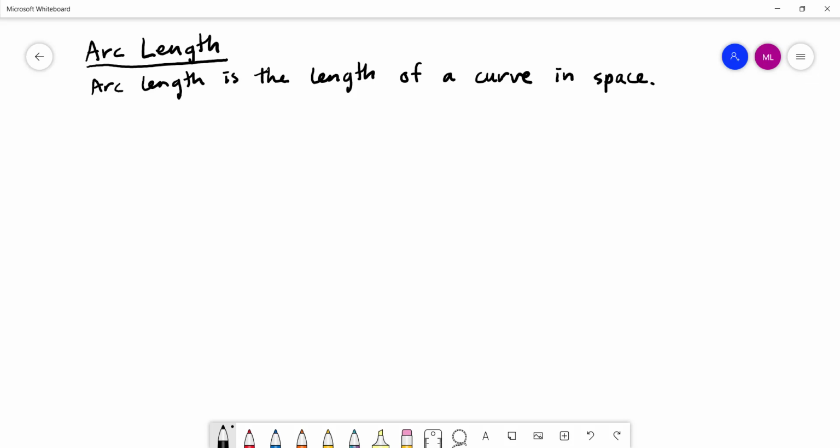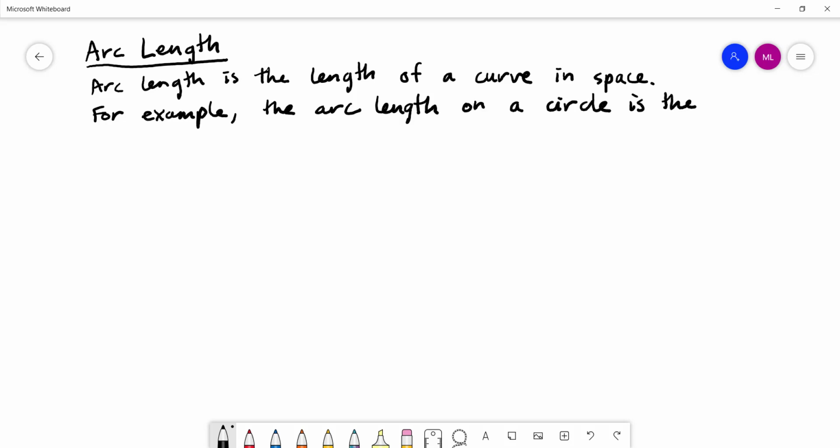So I should mention, let me just write down that circle example as well. So for example, the arc length on a circle is the same as its perimeter, or its circumference, I should say.